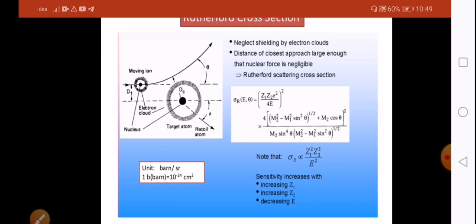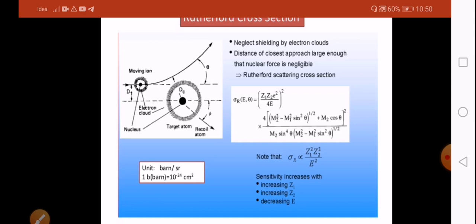It is equal to (Z1 Z2 e square by 4E) the whole square into {[m2 square minus m1 square sin square theta]^(1/2) plus m2 cos theta} the whole square divided by m2 sin raised to 4 theta [m2 square minus m1 square sin square theta]^(1/2), where m1 and m2 are the masses of the interacting particles, Z1 and Z2 are the atomic numbers of the interacting particles, E is the energy.